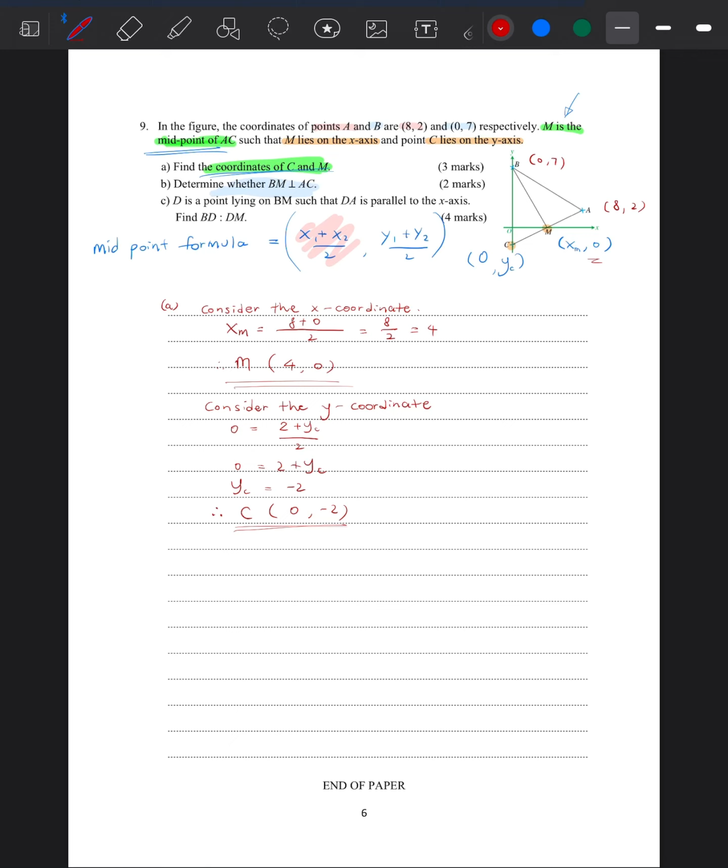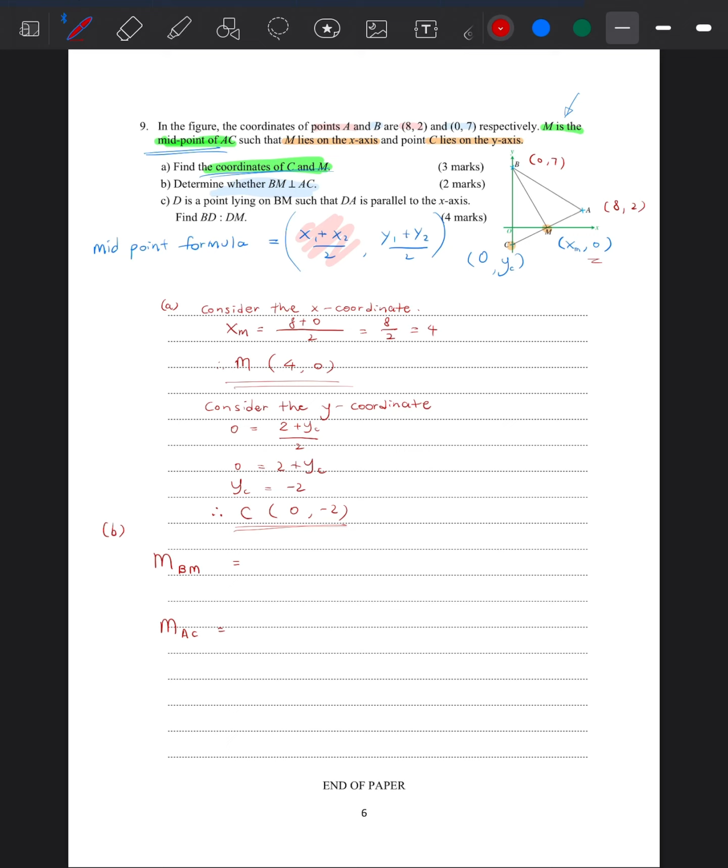So it means that you have to decide whether it is perpendicular or not. So please don't write that immediately as the statement. So you have to find the slope of BM, and then your slope of AC.